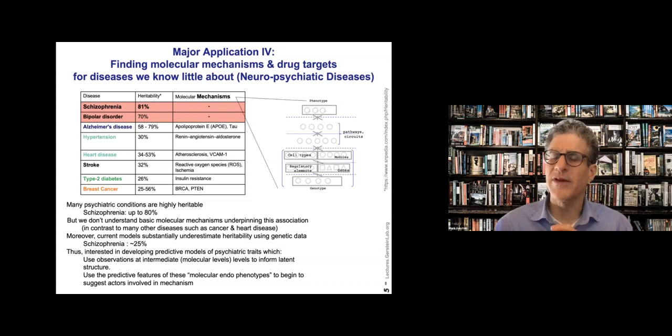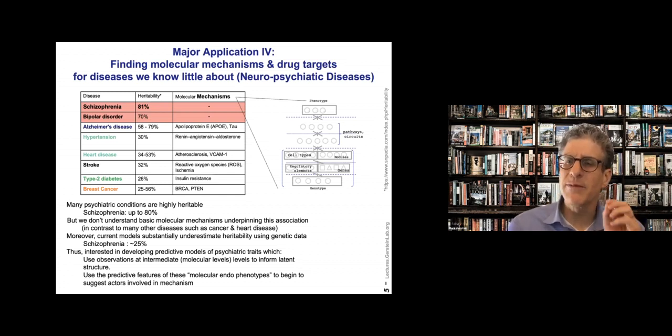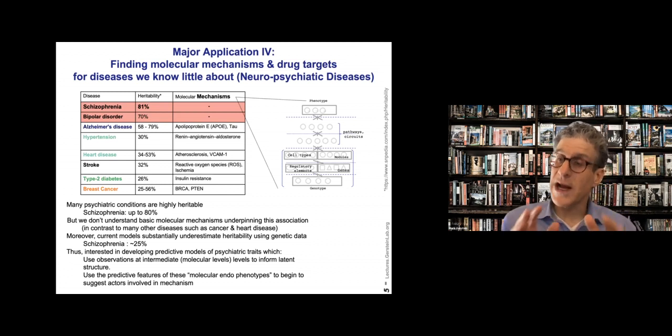And a very good example of this is neuropsychiatric diseases. So these diseases, which are things like schizophrenia, autism, bipolar, are amongst the most heritable genetic conditions. Sometimes the heritability here is estimated as up to 80%.